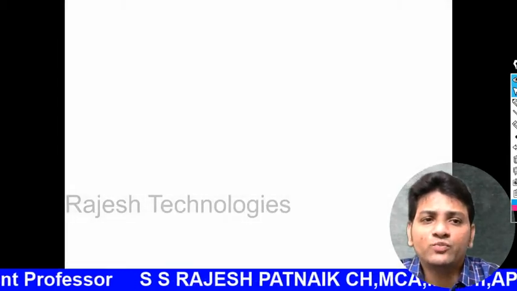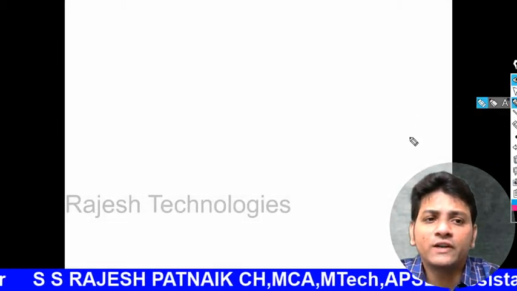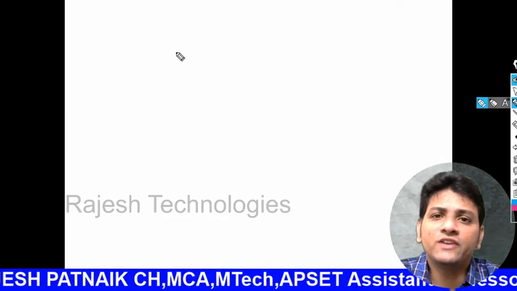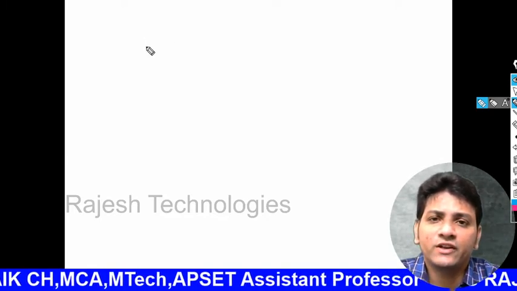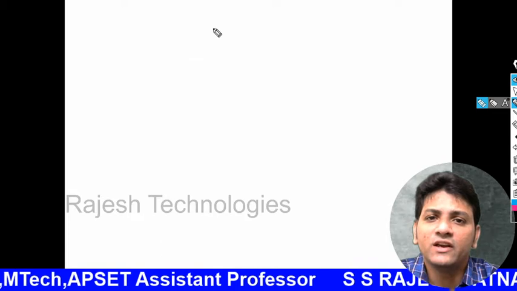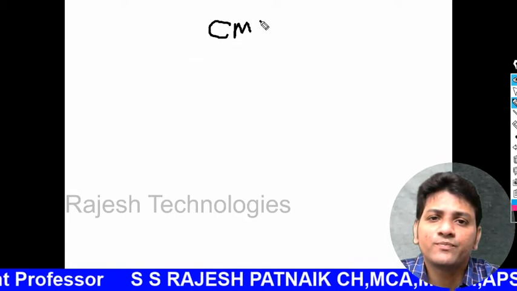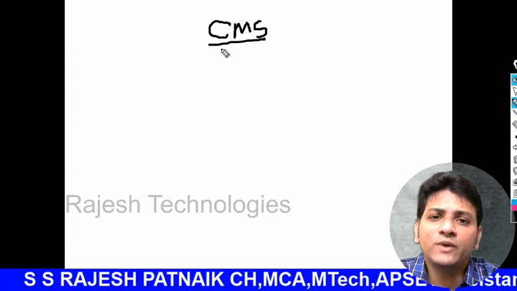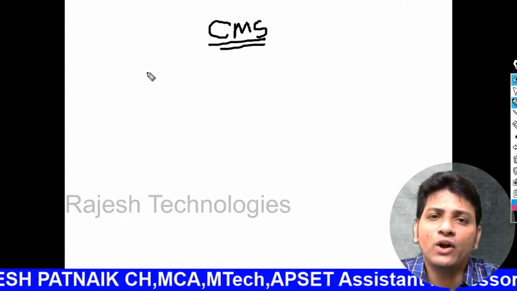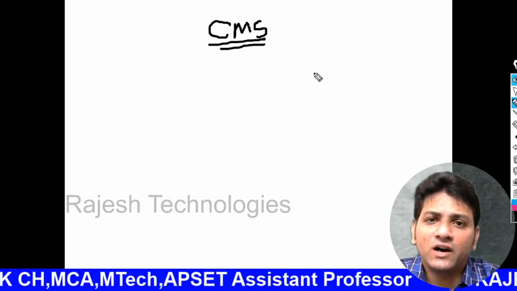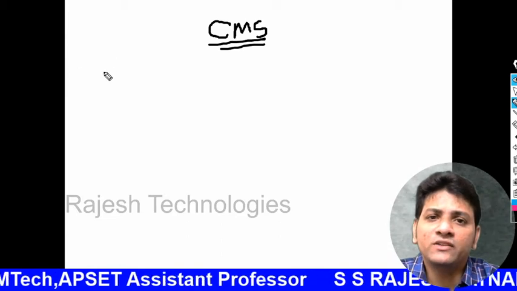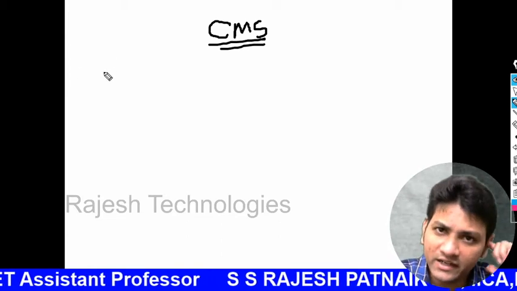Let me explain. For example, in C language, I want to develop a college management system. In a college management system, I have lots of properties related to lots of entities.